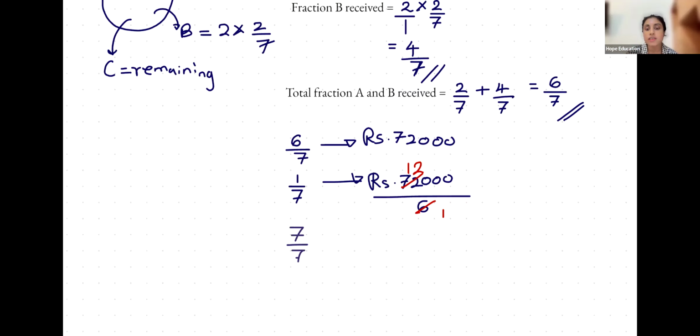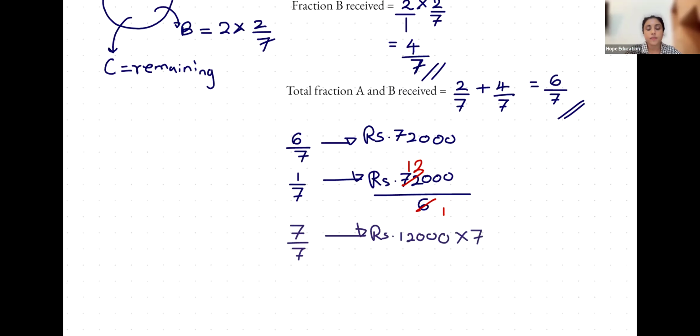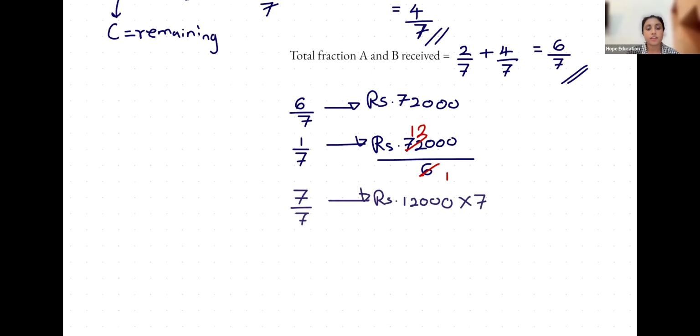So I know 1 over 7 is 12,000. So for 7 over 7, I multiply 12,000 by 7. Therefore, the total profit would be 7 times 12, that would be 84,000.